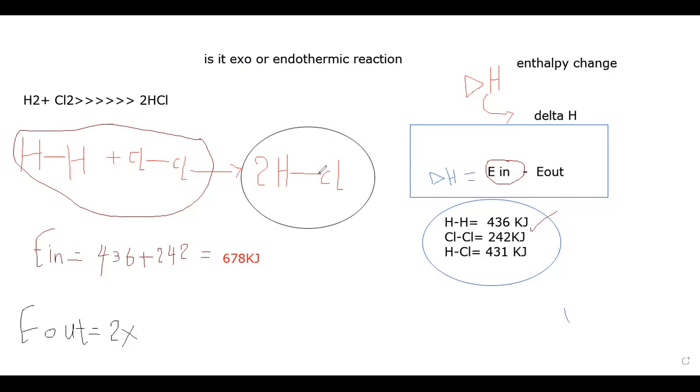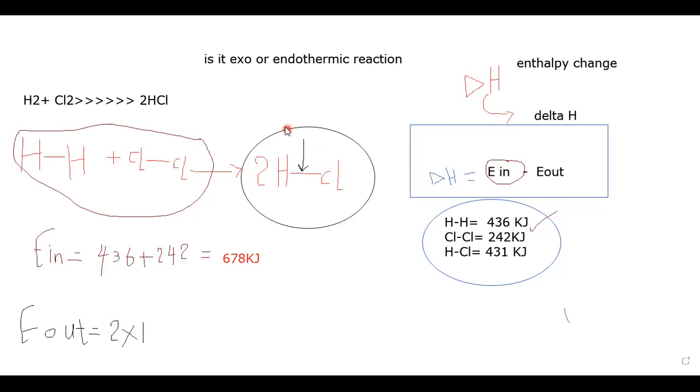How many bonds do you have here? One bond, H bond Cl. So I will write 1. Someone will ask me, why did you write 2 here? Because there is 2 at the beginning. Why did you write 1? Because here I have H bond Cl, only 1 bond.